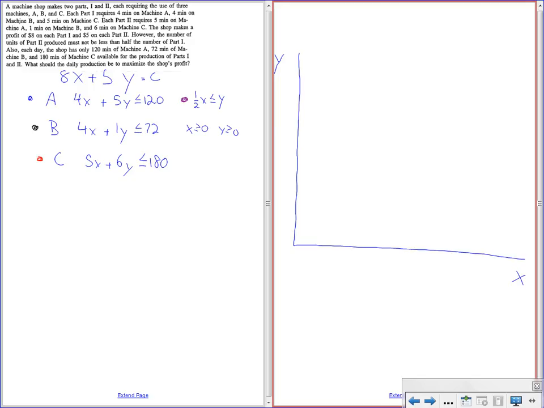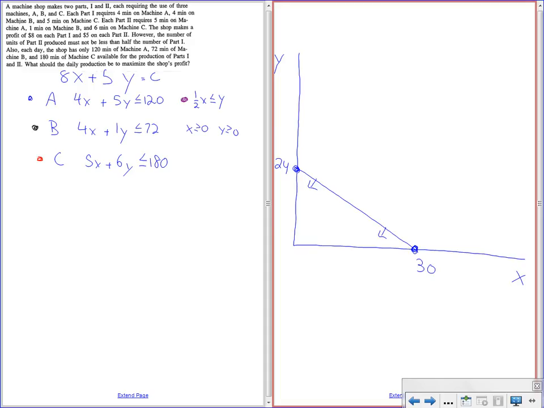X-intercept of 30, y-intercept of 24. Do we agree? And we're working inward because 0 plus 0 is less than 120.